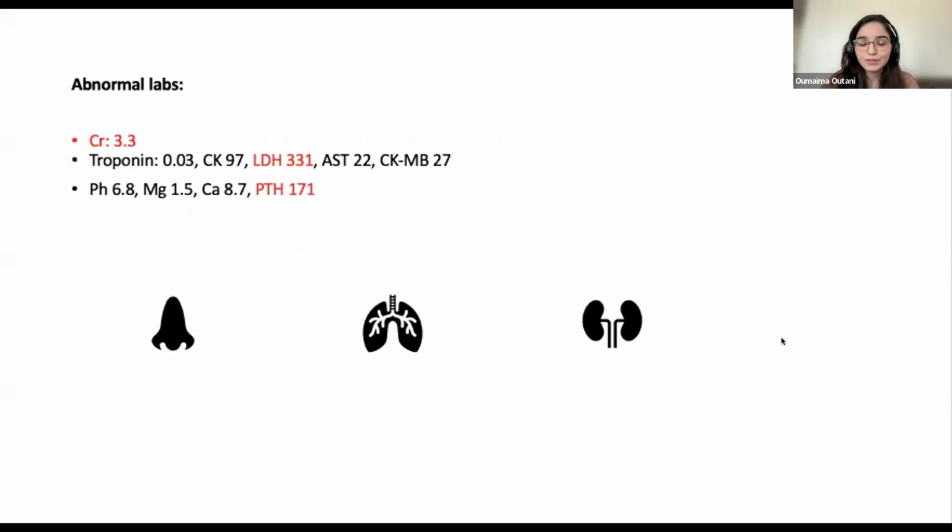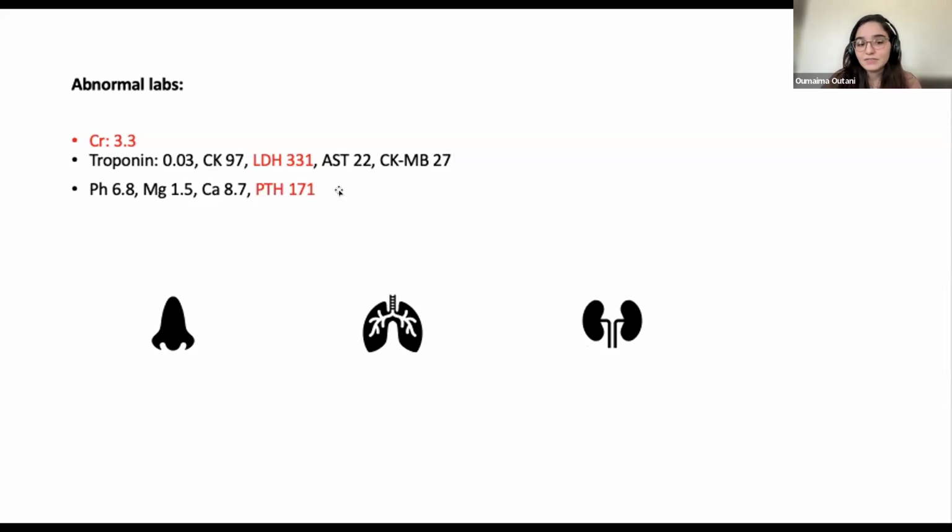The troponin was normal. The chemistry panel was normal, except for the creatinine, which was 3.3, and LDH of 331, and the PTH of 171. So in this patient who has ENT involvement and lung involvement, we also have kidney involvement.